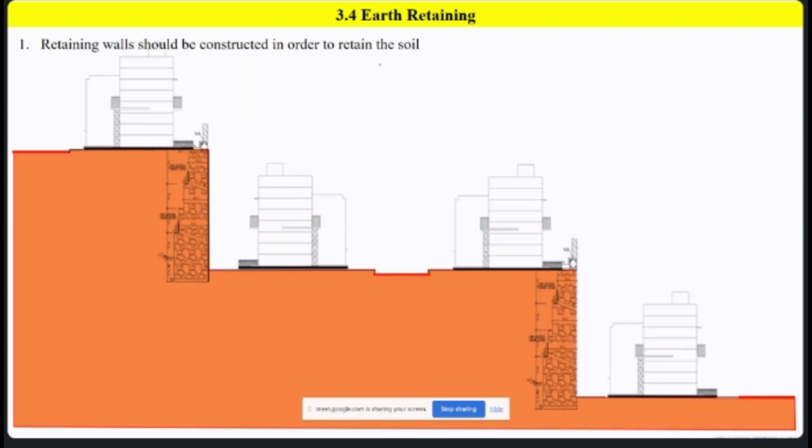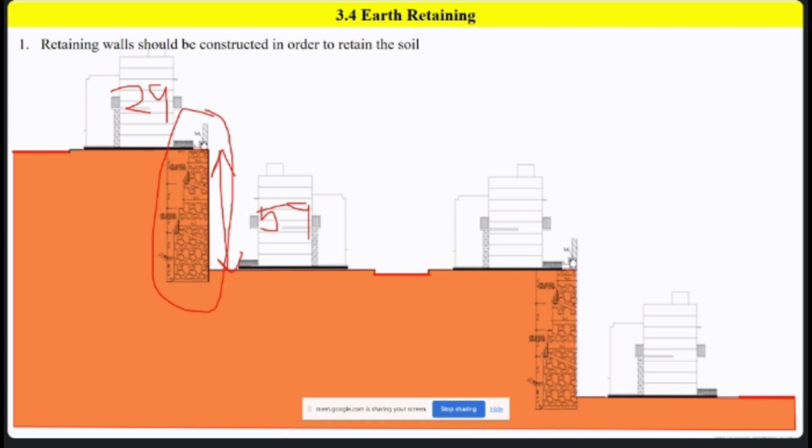So that is normally what we call an earth retaining structure. Understand? Okay. This is your 24. This is your 59. This is your earth retaining structure, and this is your earth retaining height.